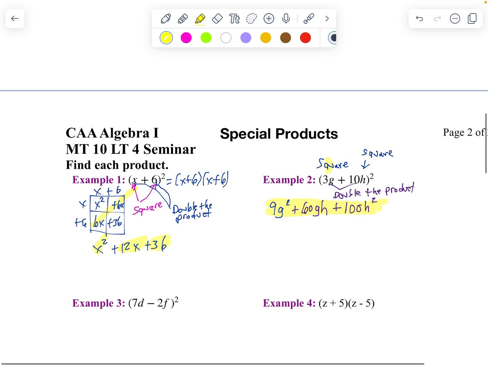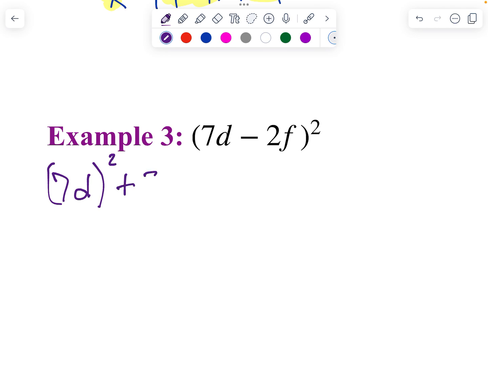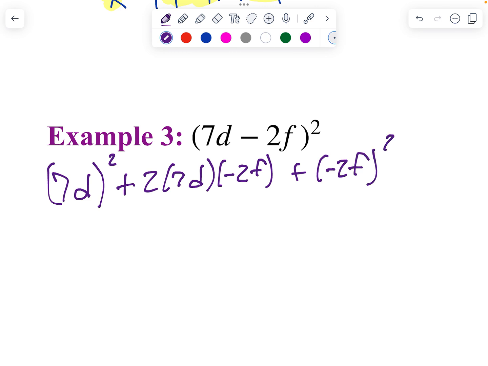Let's try another one. How about with a minus? I still do the same thing. Maybe I should show my work here. I'll square my first term, I'll multiply 2 by my first term times my second term, and I'll square my last term. The only thing you have to be careful with is that negative.